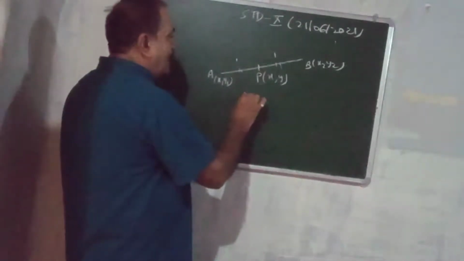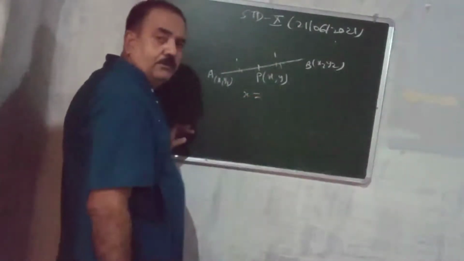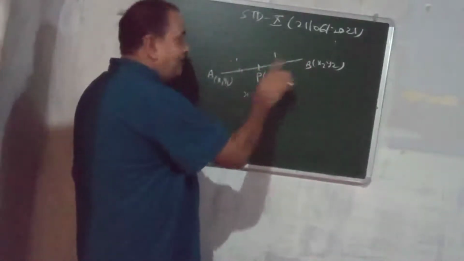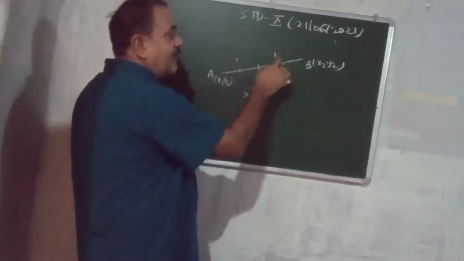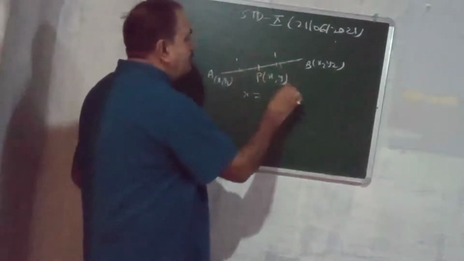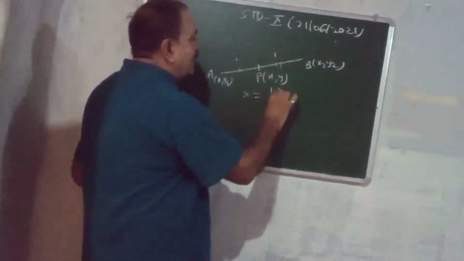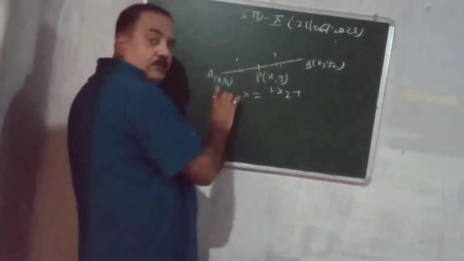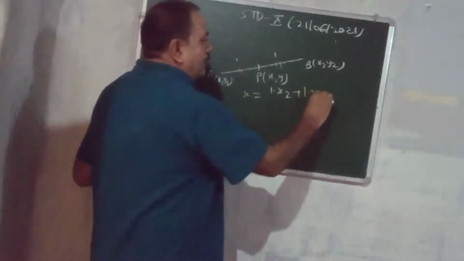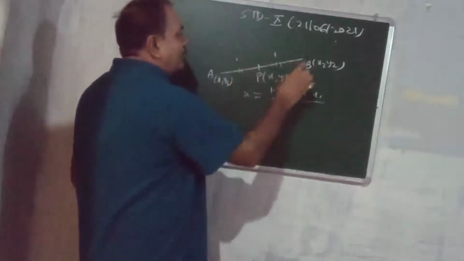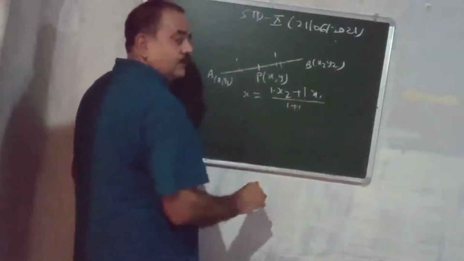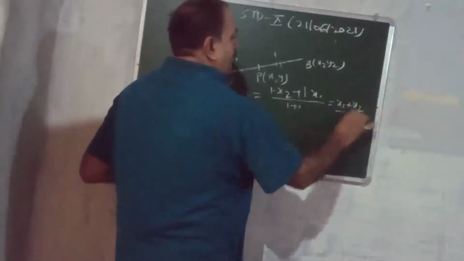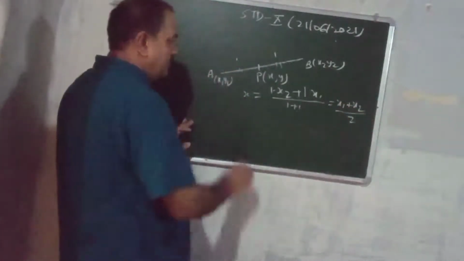X is equal to what? Cross multiply. In place of m there is 1, in place of n there is 1. So 1 into x2 plus 1 into x1 by the sum of the ratio 1 plus 1, that is x1 plus x2 by 2.